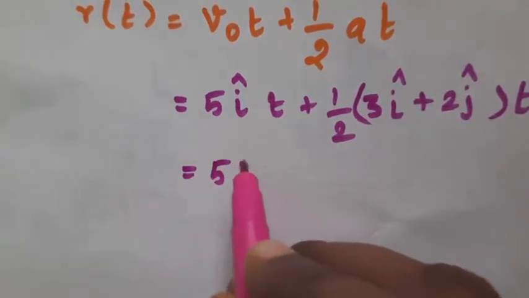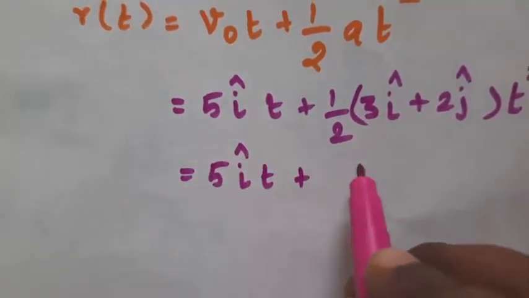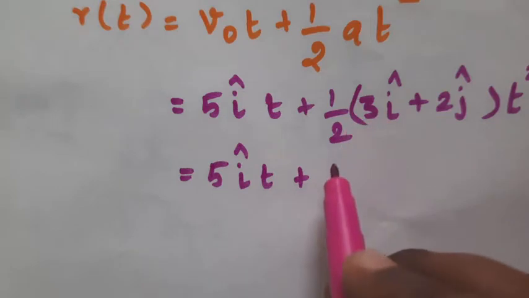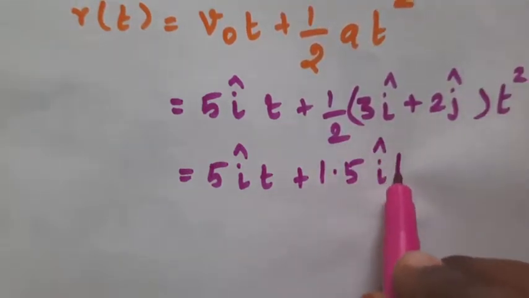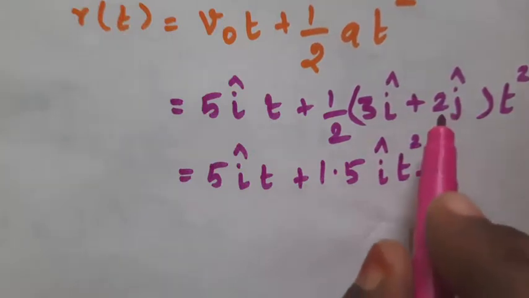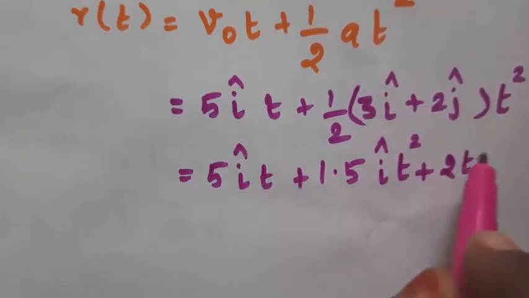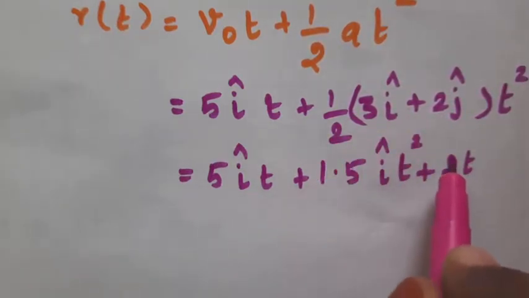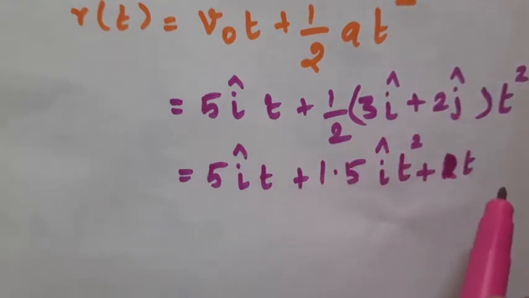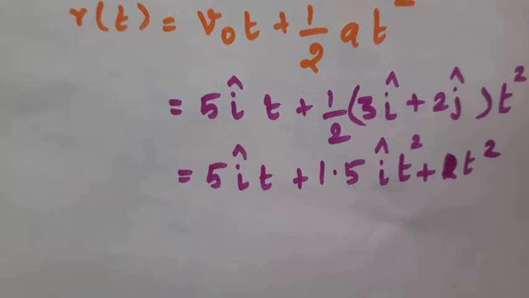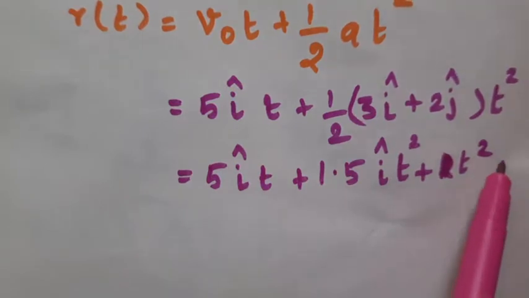This is 5 i cap t plus 3 by 2, which means 1.5, so 1.5 i cap t square, plus 2 by 2, whose result is 1, so 1 t square j cap.